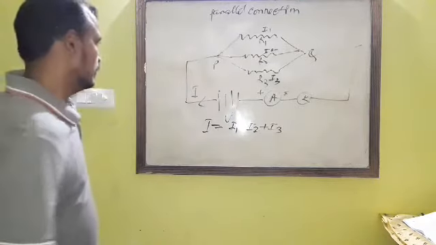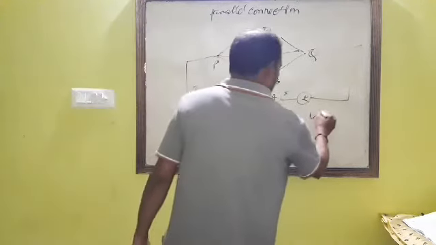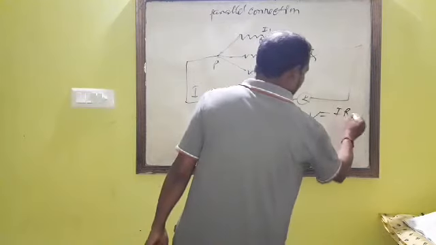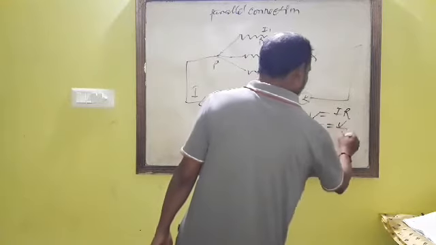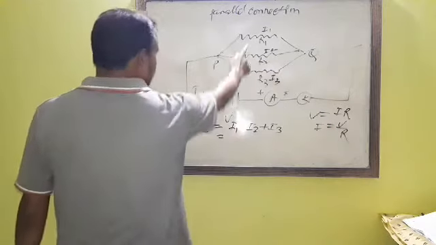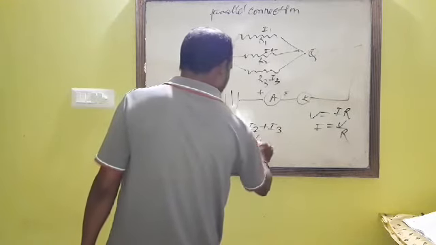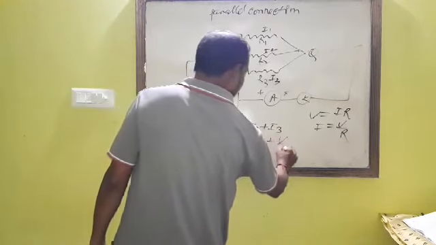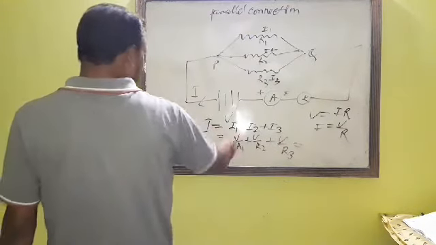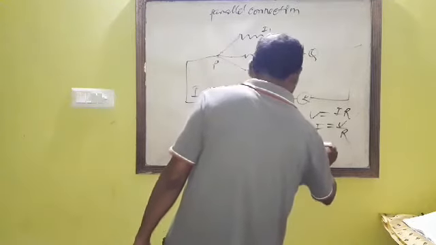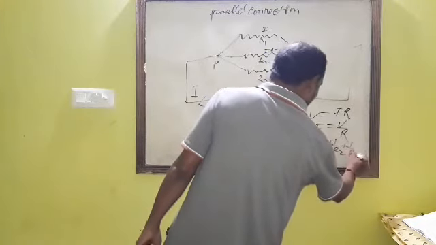Now apply Ohm's law. You know V equals IR, so I can be written as V by R. Here, the potential difference being the same, you can write V by R1, V by R2 and V by R3. In all three terms V is there, so you can take V common and write 1 by R1 plus 1 by R2 plus 1 by R3.